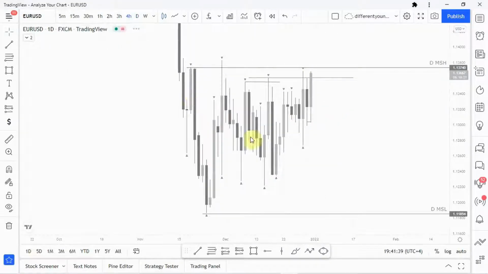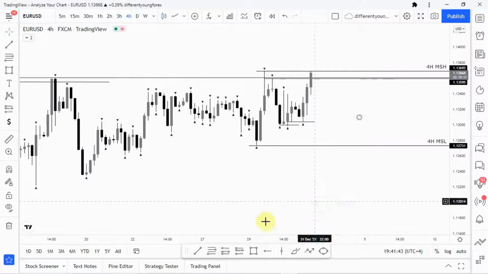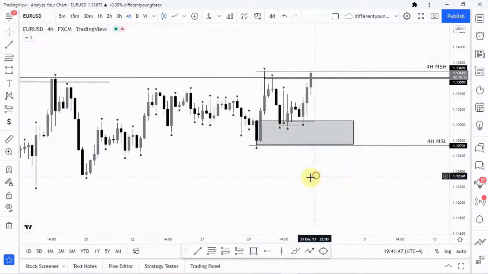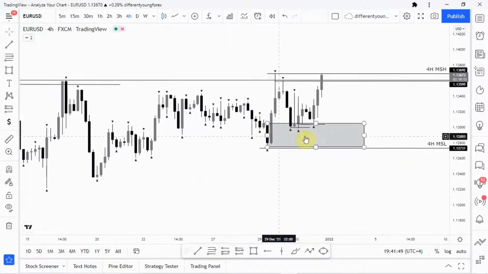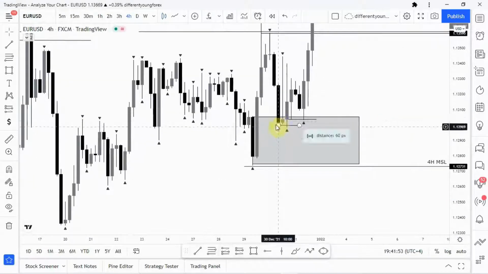On the 4H time frame, as the 4H flow is bullish, we expect price to pull back and come into the block, which is right here. What we see here is the 4H block. Price came into the 4H block and raided the 4H low with this candle.